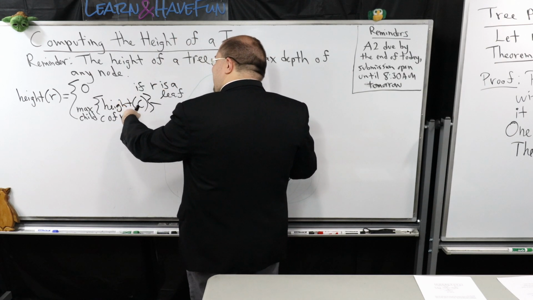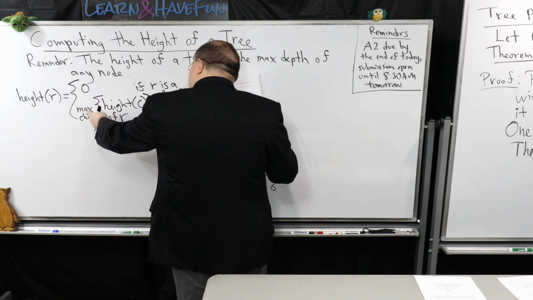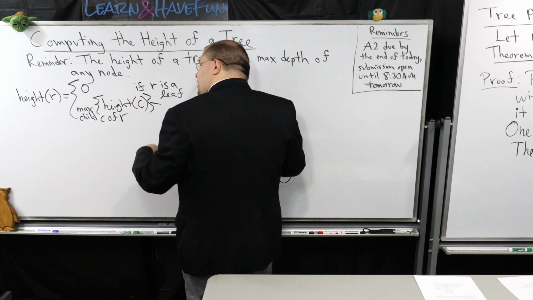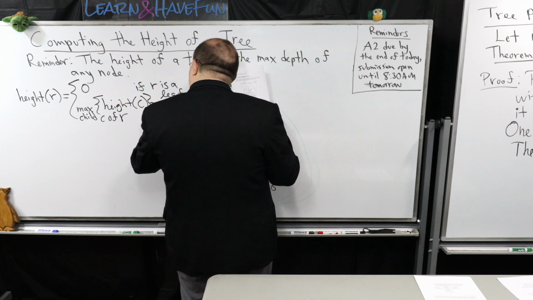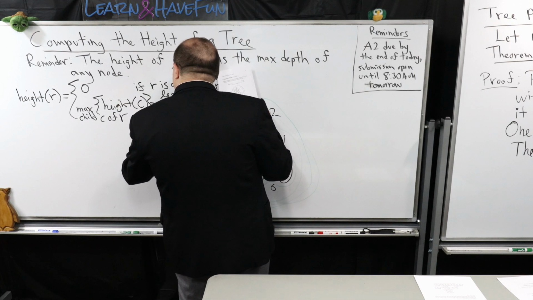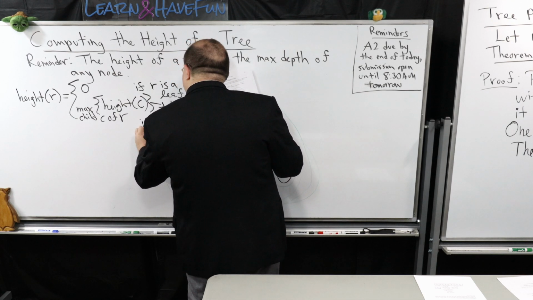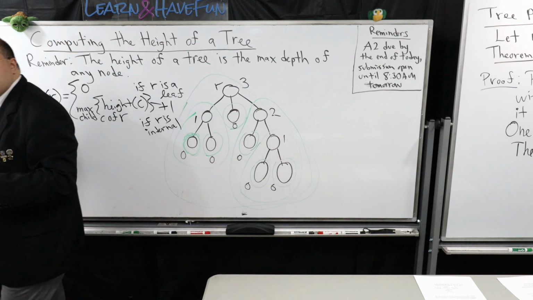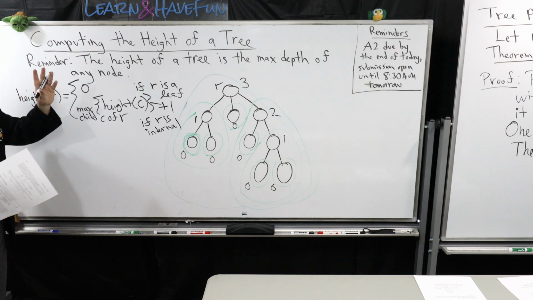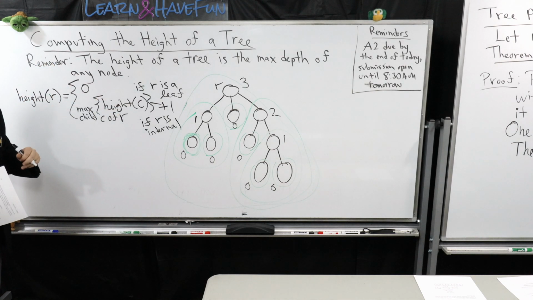So this is going to compute the maximum value across each one of my children's heights, and I'm going to add 1 to that for the ancestor. And I do this if R is internal. Remember, an internal node has at least 1 child. So this is another way of saying what I was saying verbally.